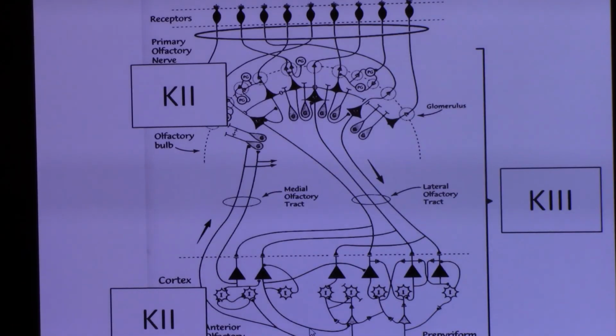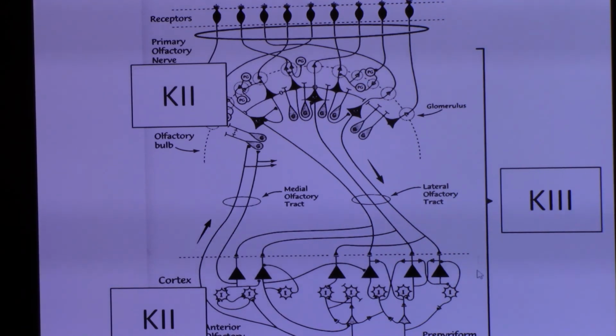But when he wants to look at how the pre-piriform and the whole olfactory system works, he has to go to the K3 level. This part is the olfactory bulb, and it can be modeled as a K2. Each of these, the anterior olfactory nucleus, I believe, looks like a K2 also, because of the inhibitory and excitatory parts.